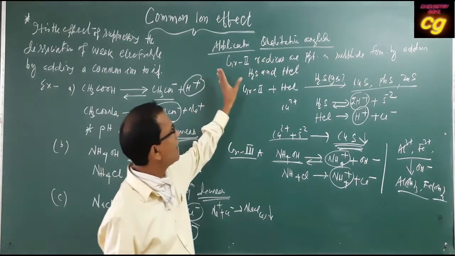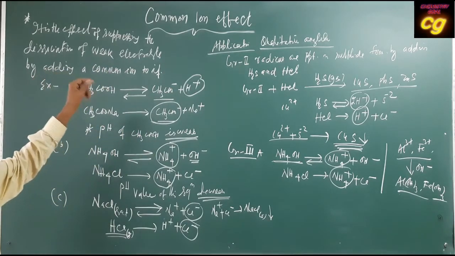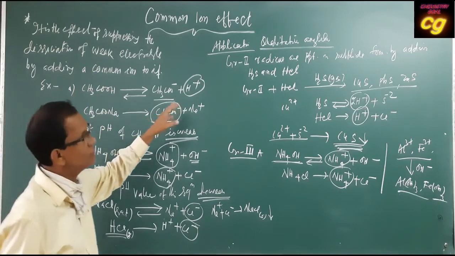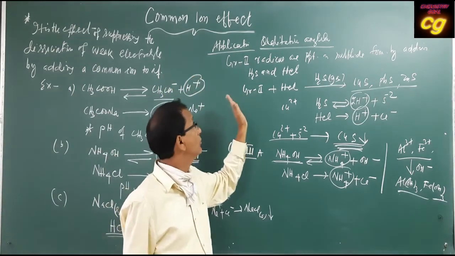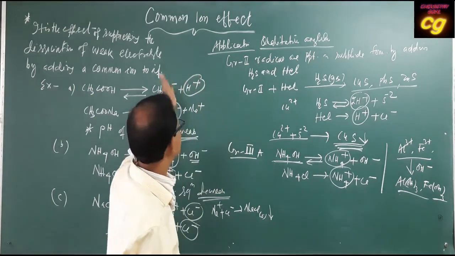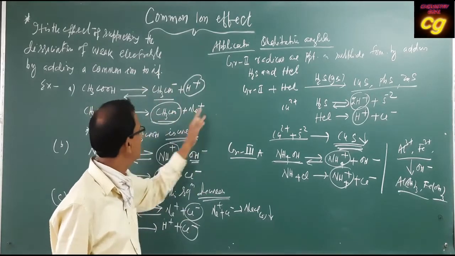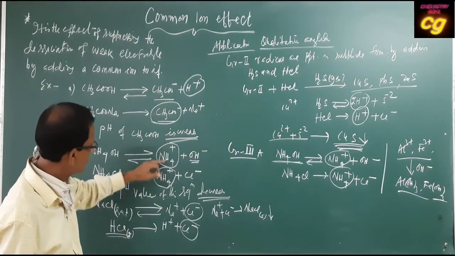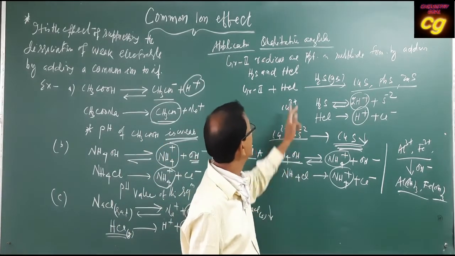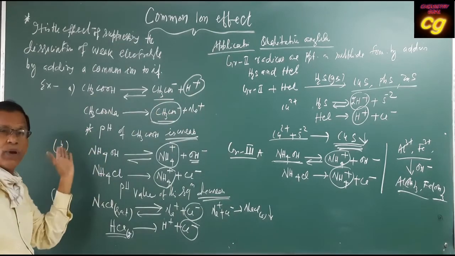So these are some applications of common ion effect. Very important applications. It is used in qualitative analysis and also in industrial chemistry. So you have to understand the use of common ion effect and its principle. Only one principle: in every case, due to the common ion effect, the dissociation of weak electrolytes becomes suppressed.